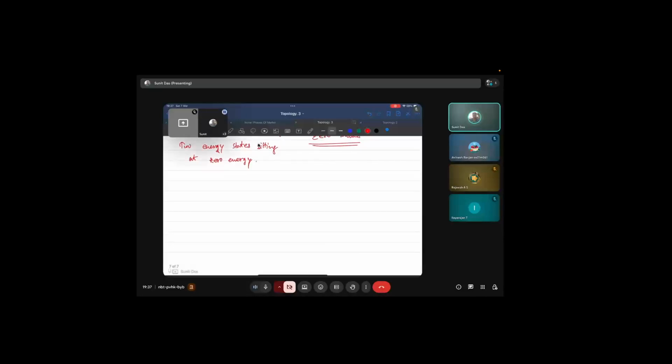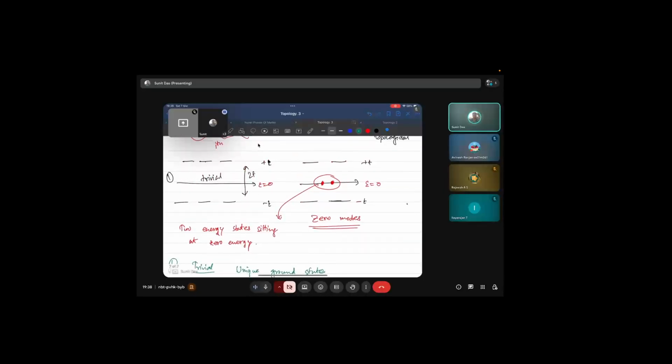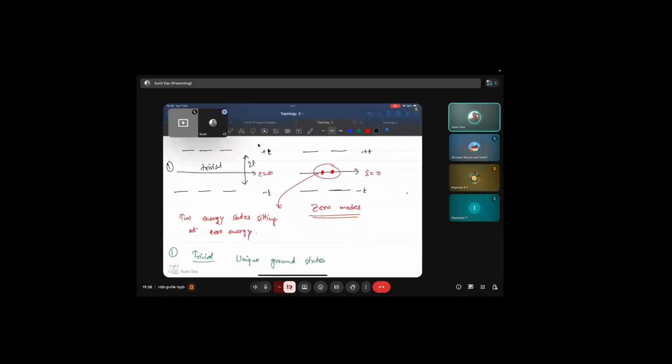Now for the trivial case, let's say case one, the trivial case, we have a unique ground state, right? Unique ground state, because let's say you fill the electrons, and you are trying to half fill the system.